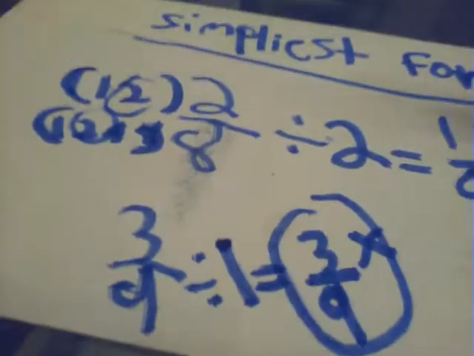3/9 divided by 1 equals 3/9. This is not simplest because we can still divide it by 3. Let's try another one.